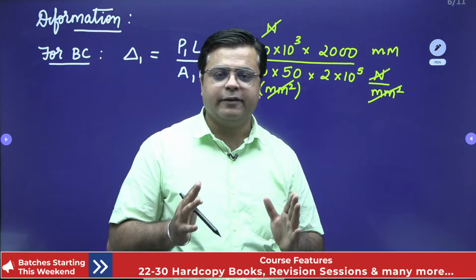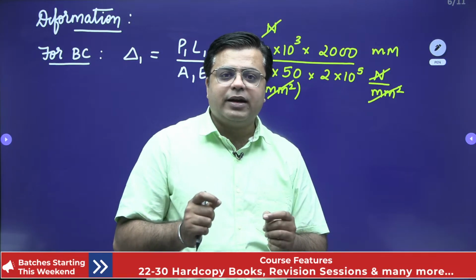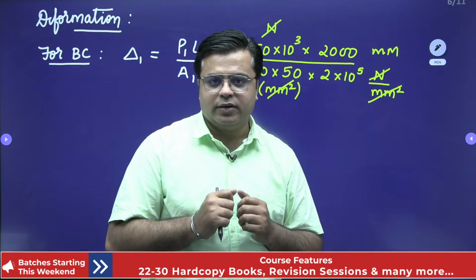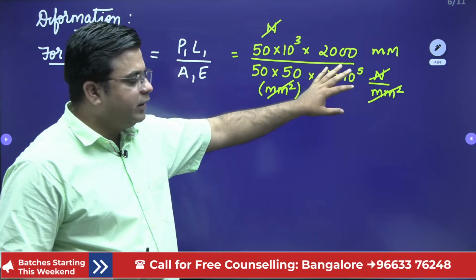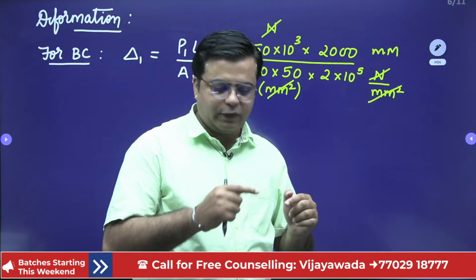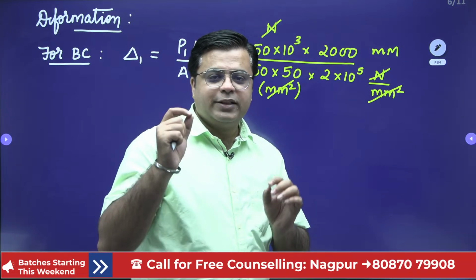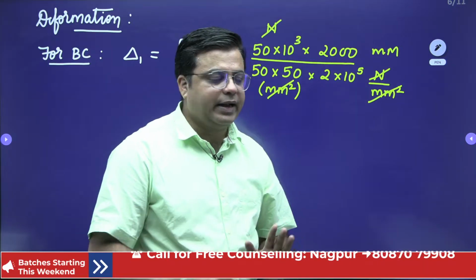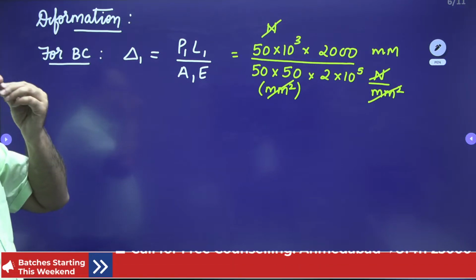So, whenever you are calculating, just calculate it like a school going boy. You have to write all the units, then cancel out everything, so that there is no scope of confusion, because if mm is converted into meters or some centimeters, your answer will be totally incorrect. So, this is how you proceed. Just do the calculation for this.